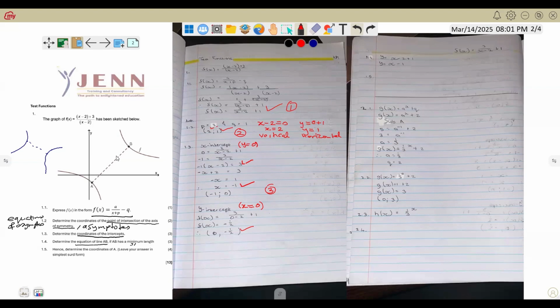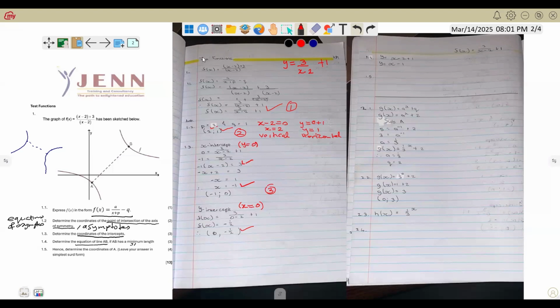So to get the axis of symmetry having positive gradient, if your equation is already in standard form, let me put it here: y equal to, we got what? y equals 3 over x minus 2, plus 1. Is that clear?